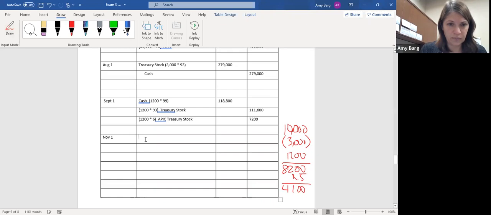So we can call this dividends for $4,100, and we can call this dividends payable for $4,100. Are there any questions about that? Does that all make sense?